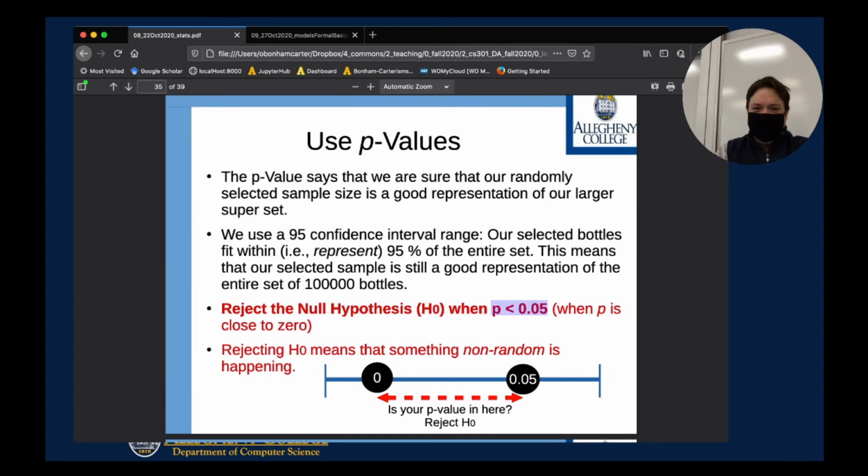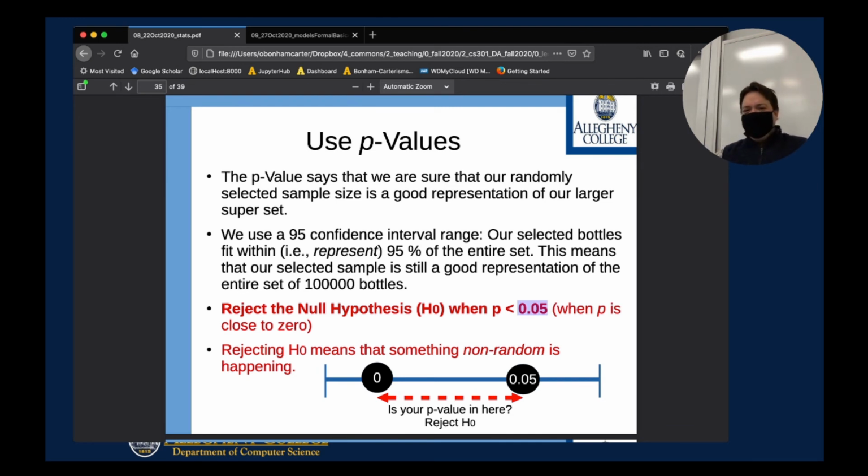That's if we're talking about the 95% confidence interval, which means that I am 95% sure that my values, or my bottles, are actually showing some difference in how they're being filled. Now, this number here, 0.05, they call the alpha value.